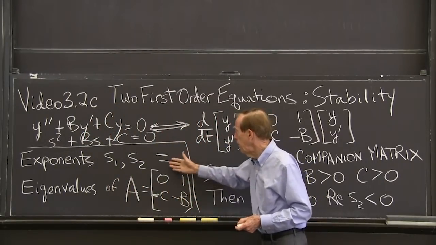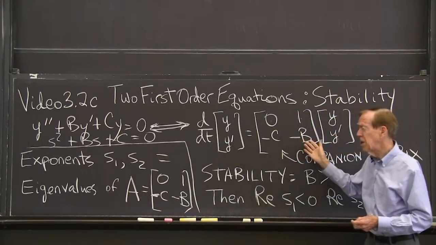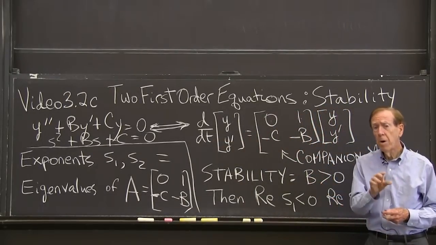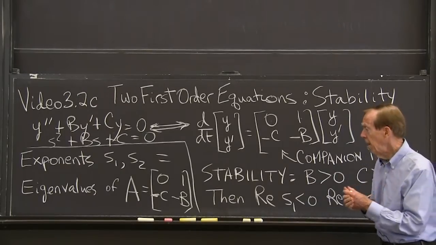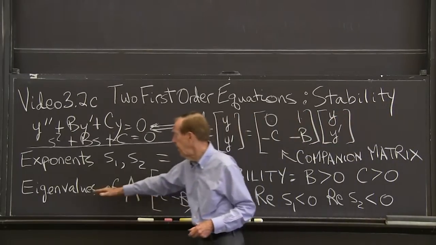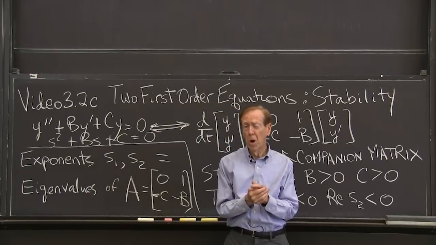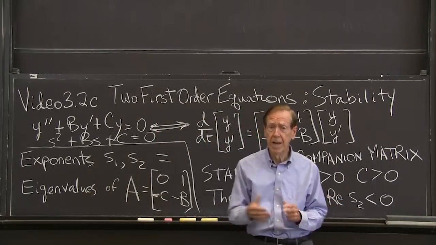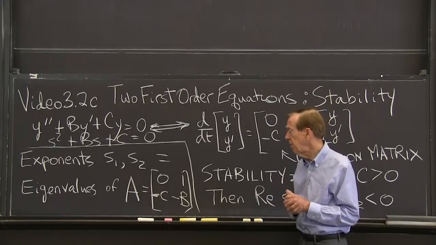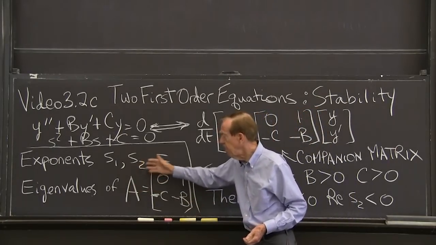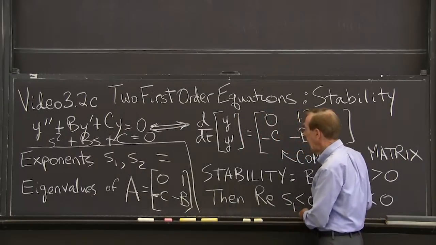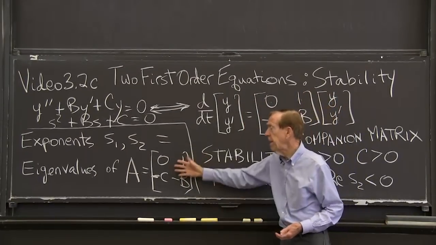Now, if I do it in this language, I no longer call them S1 and S2, but they're the same two numbers. What I call them is eigenvalues. A cool word, half German, half English maybe, kind of a crazy word, but it's well established. Those same numbers would be called the eigenvalues of the matrix.